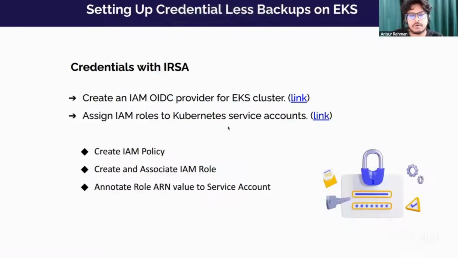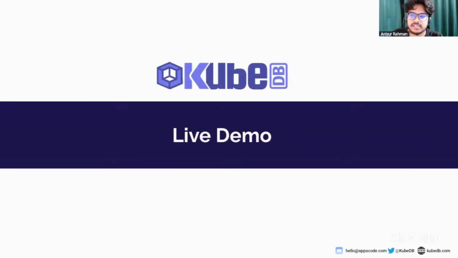In future we will also look at those features through the AppsCode UI. So if you are interested in the UI, just let us know. We'll also give you a demo.